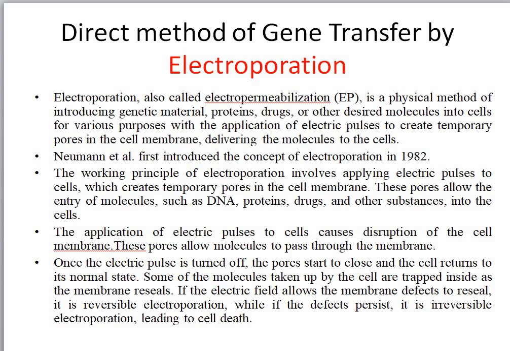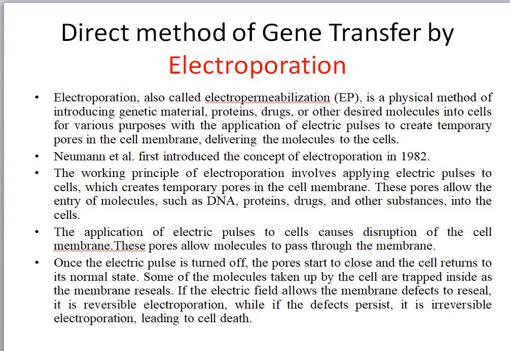When you apply electricity, temporary pores will be created in the cell membrane, which I'll show in a while with the help of a diagram. These pores allow the entry of molecules such as DNA, protein, your target drugs or any other desired molecule into the cells.